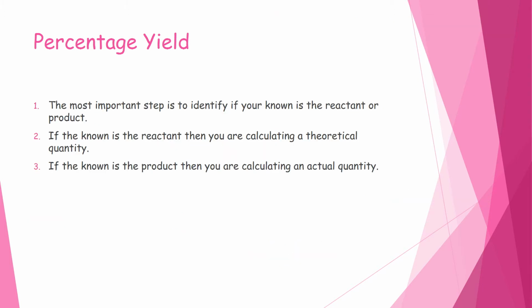Now, the most important step when doing a percentage yield is being able to identify if the known is the reactant or the product, because it changes how you do the problem. If the known is the reactant, then when you do your stoichiometry, you're calculating a theoretical quantity, and then you apply the percentage yield.